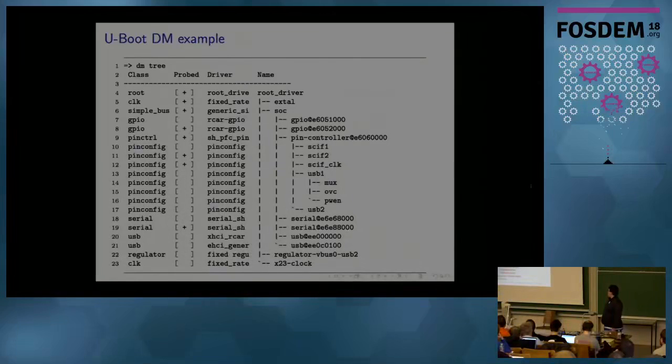I mean, this is printed on the serial console, so we need the serial console to be made operational and probed. The serial port actually needs clock and pin control to be configured. The pin control drivers are probed, and there's a clock driver somewhere here as well in that list. And obviously everything up from there is also probed because that has to be available for these devices to work.